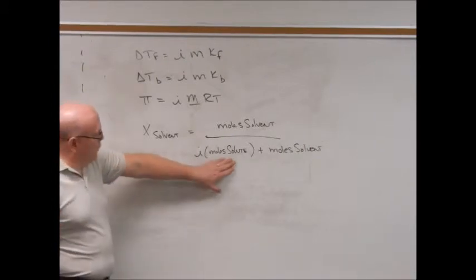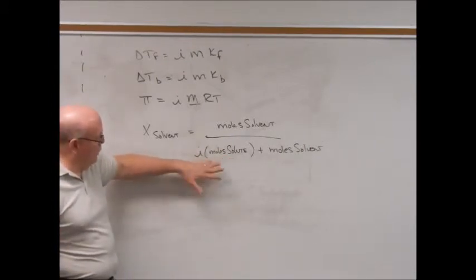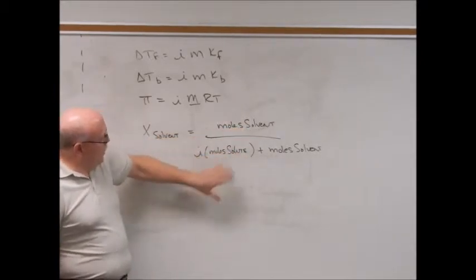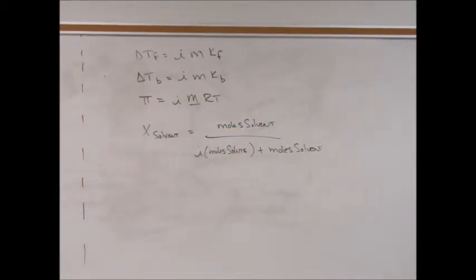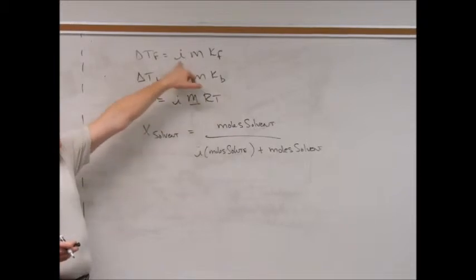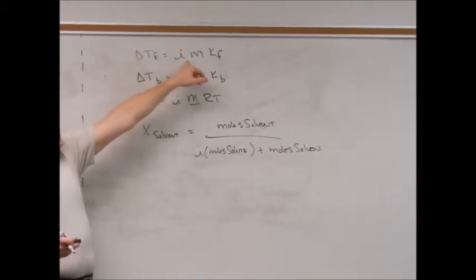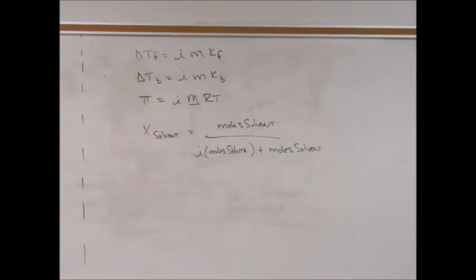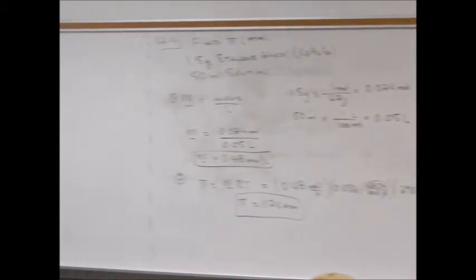In solution, we put the i factor, whatever it is, 2, 3, down in the bottom. So we still have moles over total moles. We multiply the moles of the solute by that factor. You can see this number being 2, 3, whatever, because of where it's placed in all these laws, it magnifies the effect. If the number is 2, it's double what we thought it was going to be. They all exaggerate the effect of the solute when it's an ion.